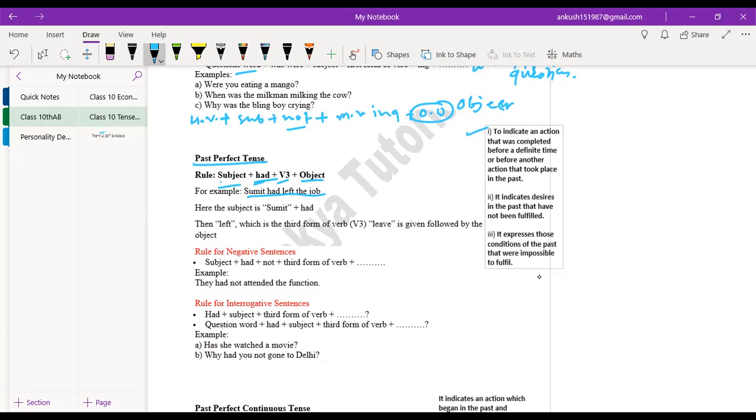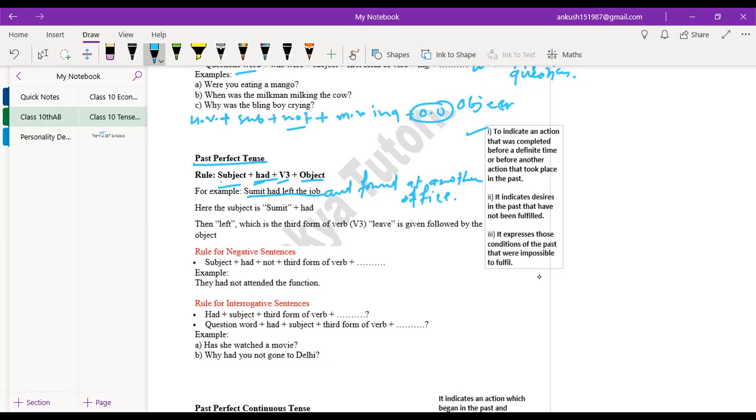And now suppose I have to make a sequence of the later action. So Sumit had left the job and found another office or factory, whatever you can write here. Okay, industry or whatever.